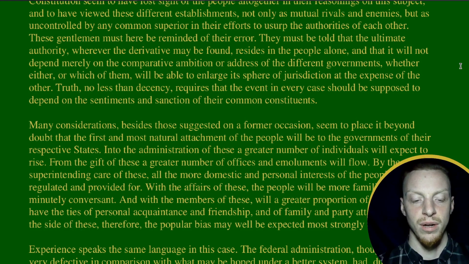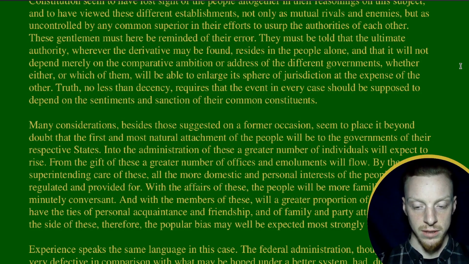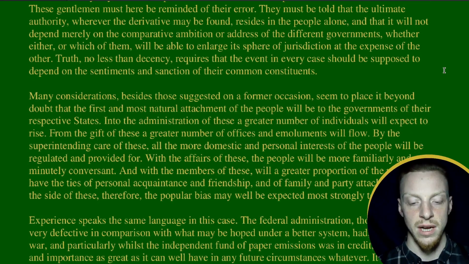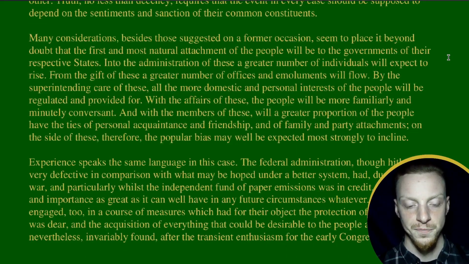They must be told that the ultimate authority, wherever the derivative may be found, resides in the people alone, and that it will not depend merely on the comparative ambition or address of the different governments, whether either or which of them will be able to enlarge its sphere of jurisdiction at the expense of the other. Truth, no less than decency, requires that the event in every case should be supposed to depend on the sentiments and sanction of their common constituents.